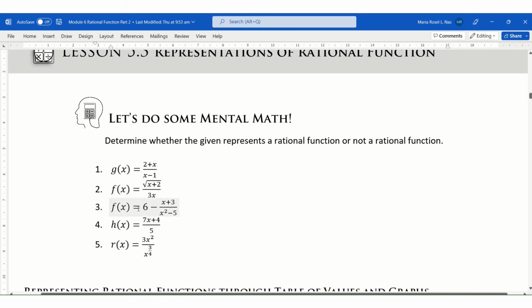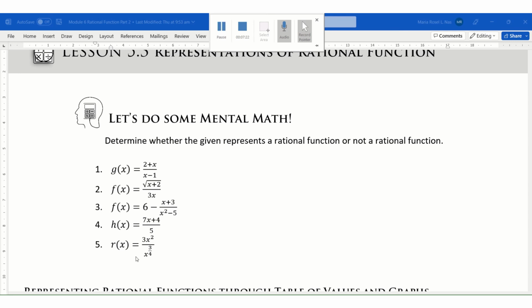And then number 3, meron tayo ditong constant value, and meron din tayong rational expression. And then, yung rational expression natin, yung numerator niya is a polynomial, yung denominator din niya is a polynomial.